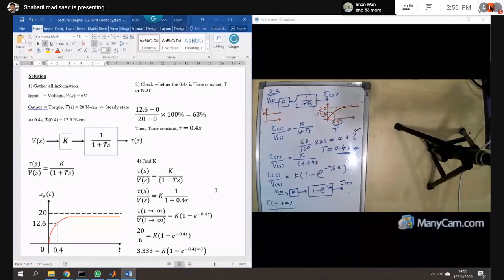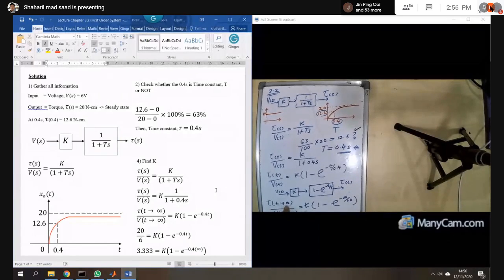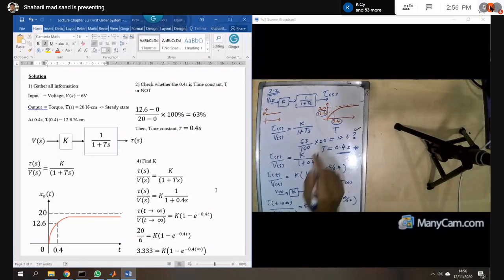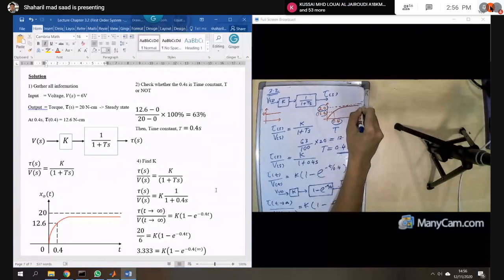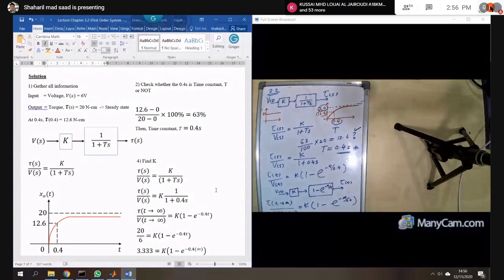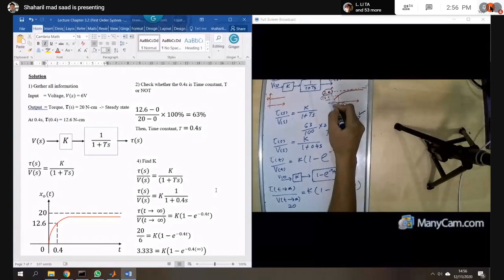Now you get 1 minus e to the power of minus infinity divided by 0.4. So when t goes to infinity, the output torque goes to 20.